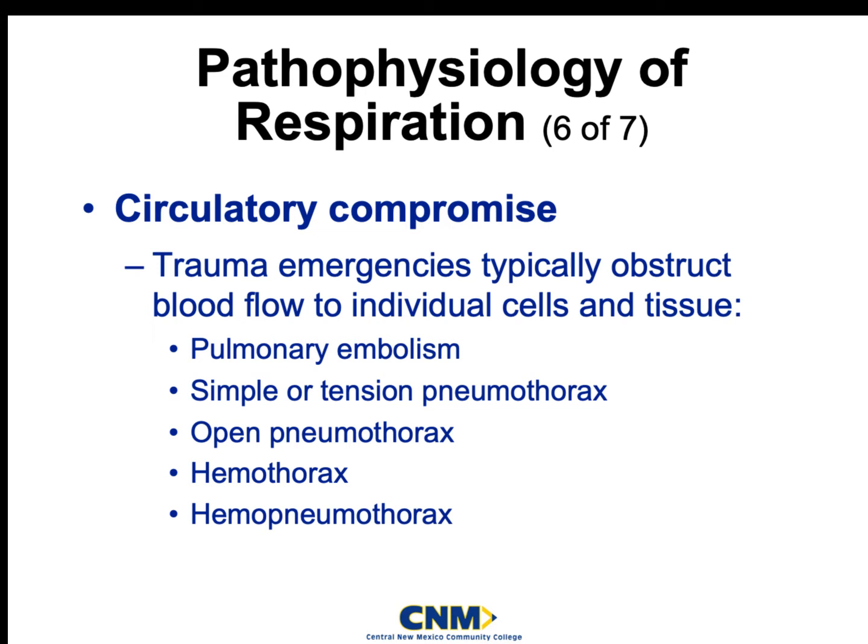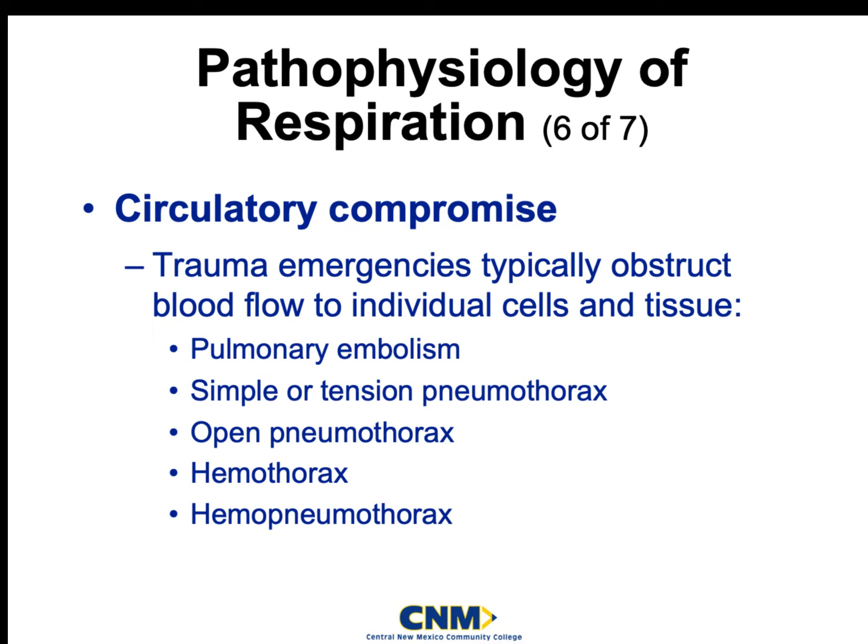An open pneumothorax is basically where we have a hole from something outside in, so some kind of penetrating trauma has actually decreased the pressure gradient. We're going to teach you guys how to treat that at the basic level. Hemothorax. Anytime you see hemo, it means blood. This is where we have blood in our chest cavity that could be pushing on our lungs so that our lungs are not able to expand correctly.